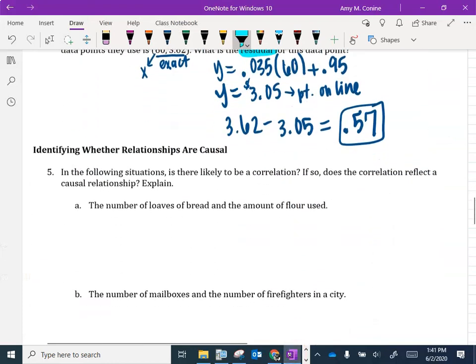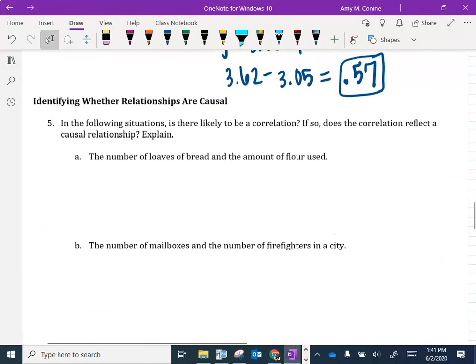All right, so for number 5, okay, in the following situations, is there likely to be a correlation? If so, does the correlation reflect a causal relationship, and explain? So we've got part A and part B. Part A is the number of loaves of bread and the amount of flour used. So is there a correlation or causal relationship?